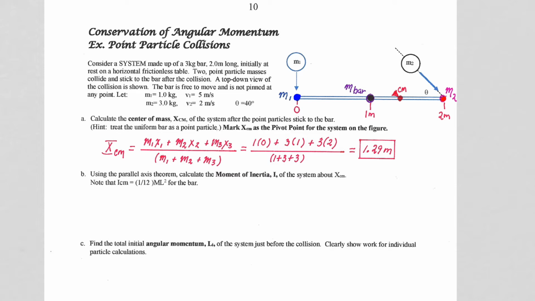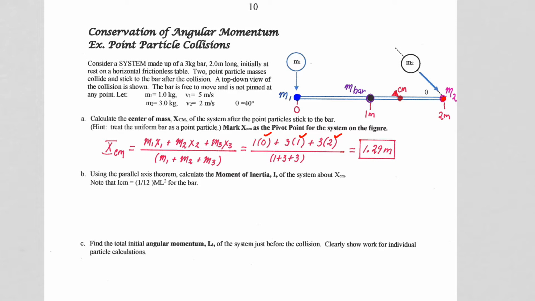So what we know is that we have m1x1 plus m2x2 plus m3x3 divided by the total mass gives us the center of mass point. So m1 is at position 0. The mass of the bar is at position 1. And the mass of m2 is out at position 2.